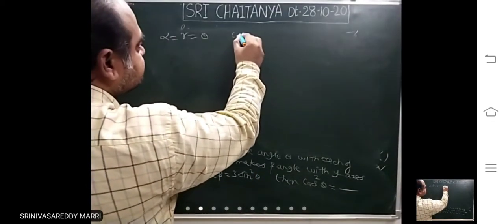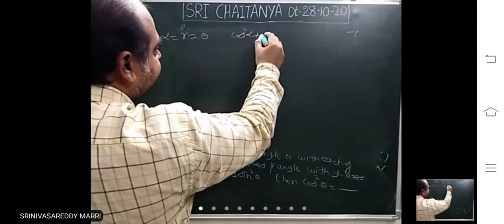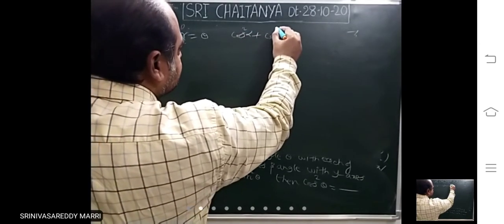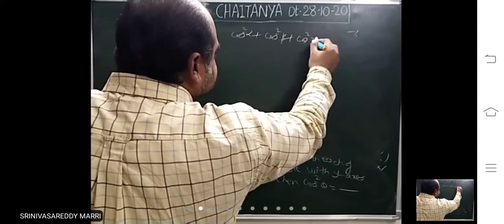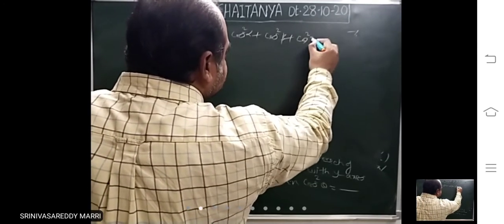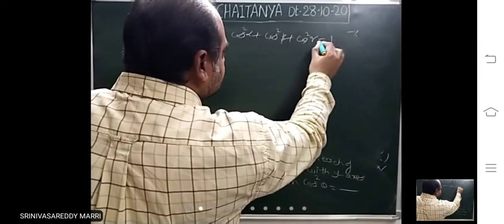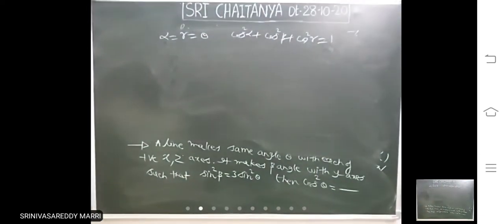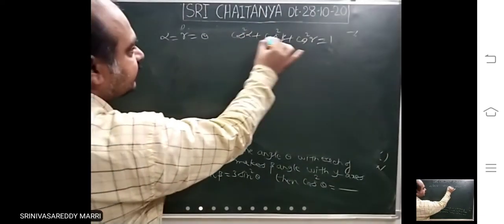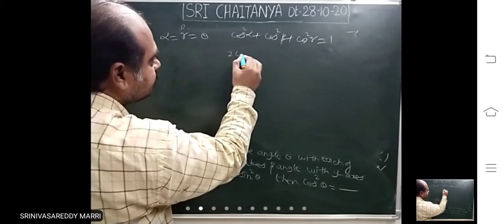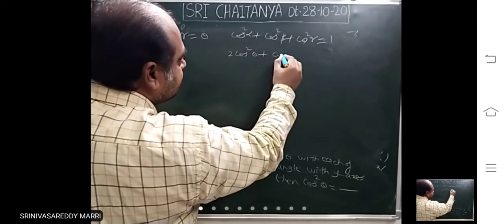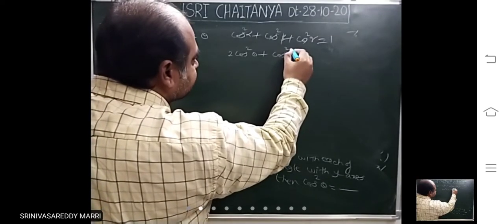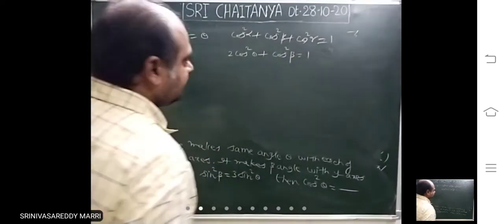Therefore use the relation cos square alpha plus cos square beta plus cos square gamma equals 1. Always start by taking the relation. Since alpha equal to gamma equal to theta, this is nothing but 2 cos square theta plus cos square beta equal to 1.